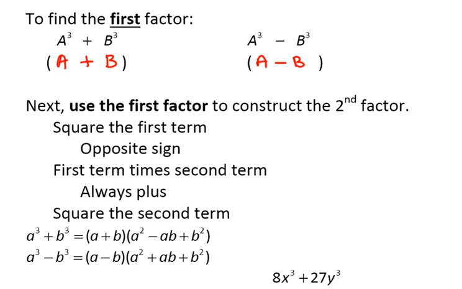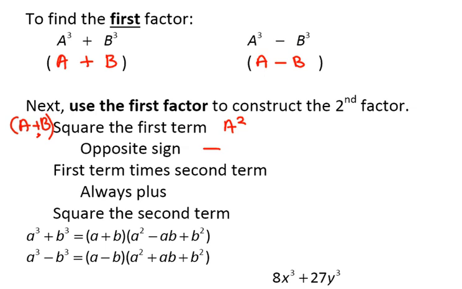Once we find that first parentheses, we're going to use that first factor, a plus b, to construct the second factor. We square the first term: if I'm starting with a plus b, my first term is a, so I get a squared. The opposite sign, because this has a plus in it, is going to be a minus.